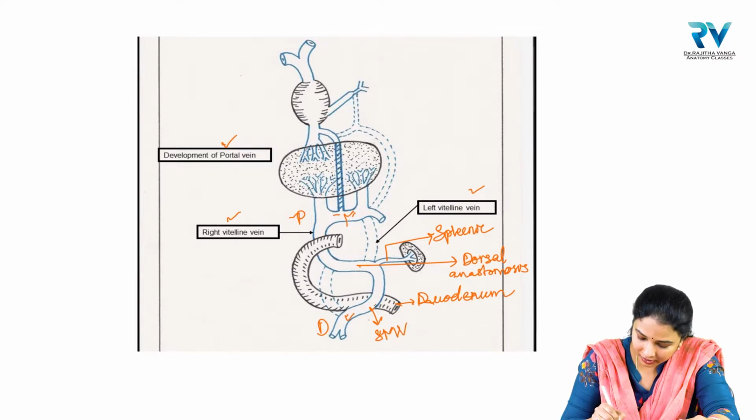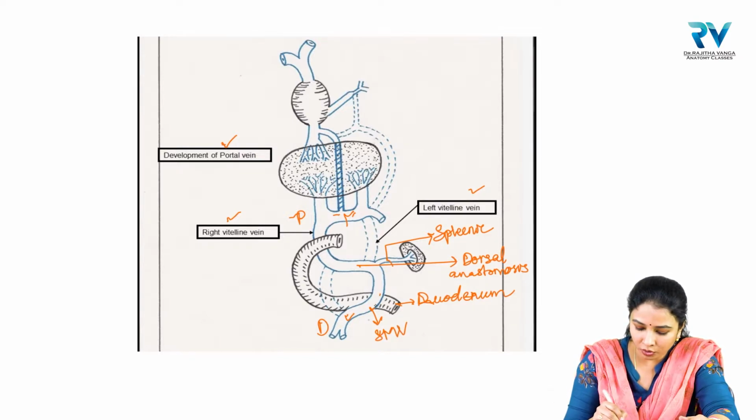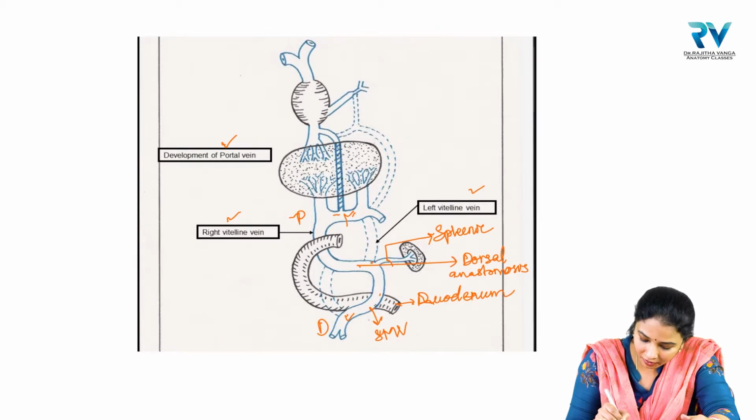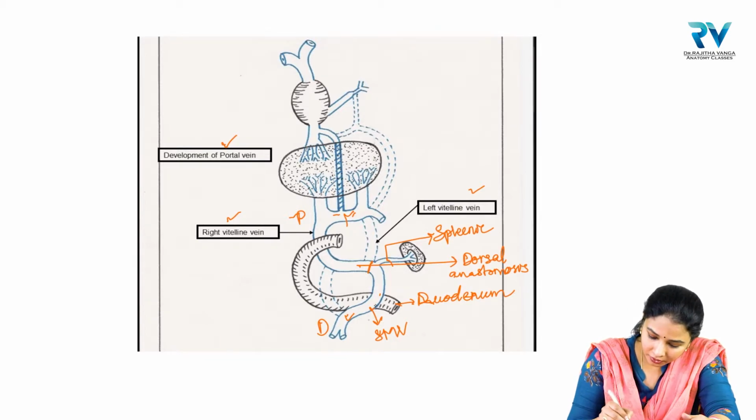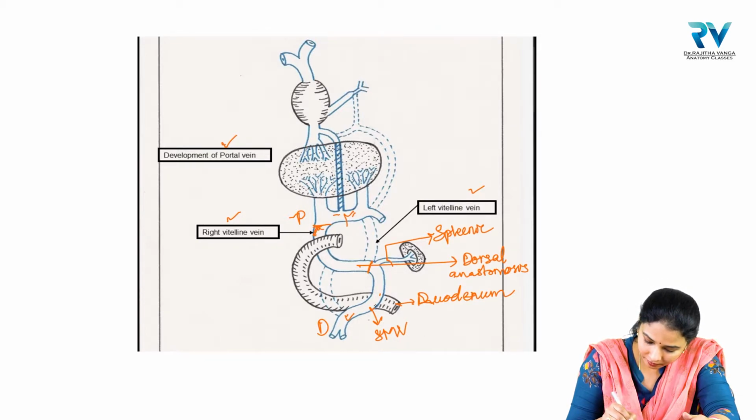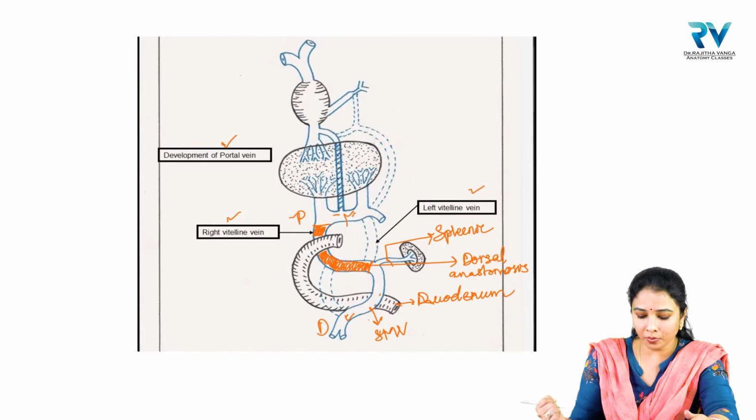This is superior mesenteric vein. They join to form the portal vein. So portal vein is from here to here. The part which I am shading is the portal vein.